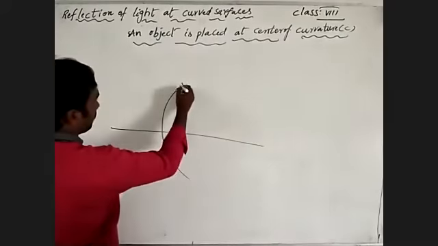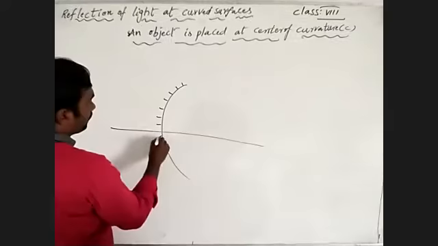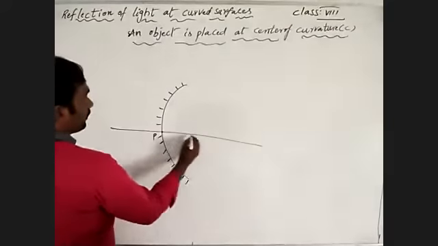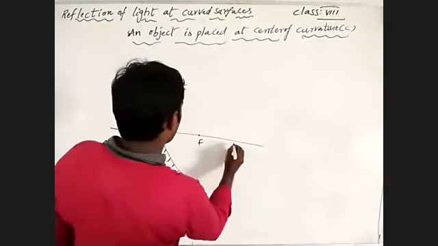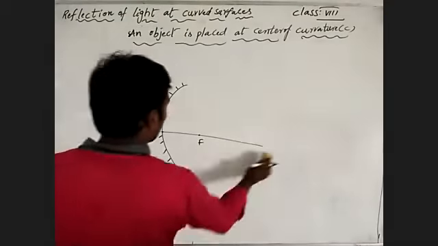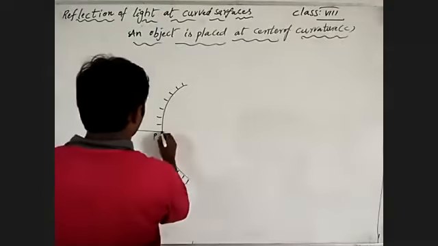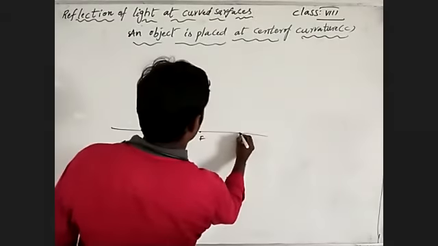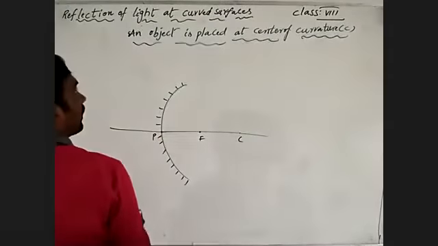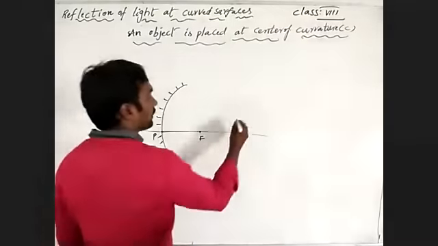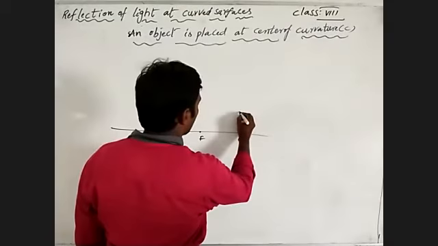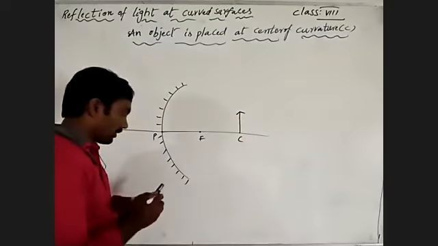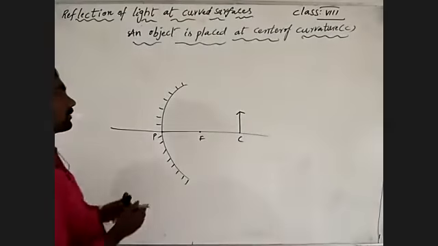Of course, this is a concave mirror. This is the principal axis, pole, focus, and center of curvature. The object is placed at the center of curvature.